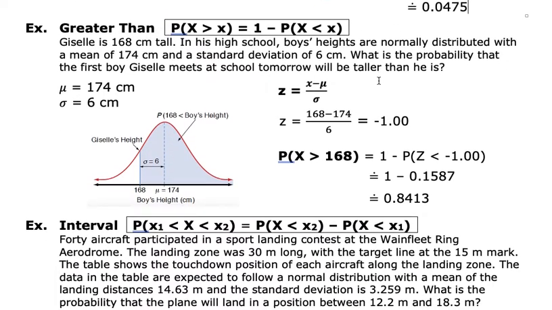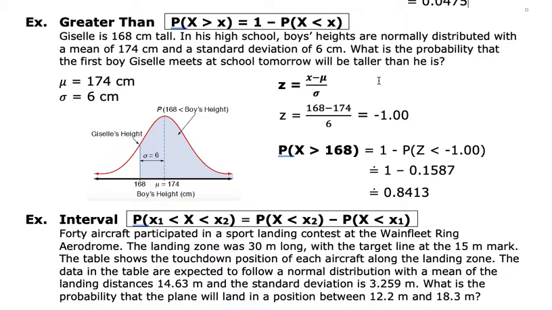Similarly, I'm just going to talk briefly about the strategy for each of these different techniques here. This is the scenario when you have the probability that x is greater than a particular value. And what we will do is, if this is our value, we're looking to the right-hand side. Remember that our approximations using z-score tables are to the left-hand side of that value. So in order to calculate the area to the right-hand side, what you can do is look at the total area underneath the curve, and that's equal to 1.